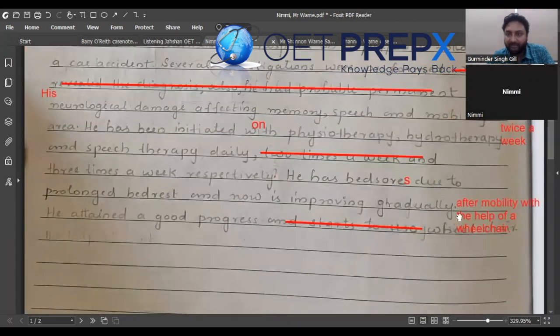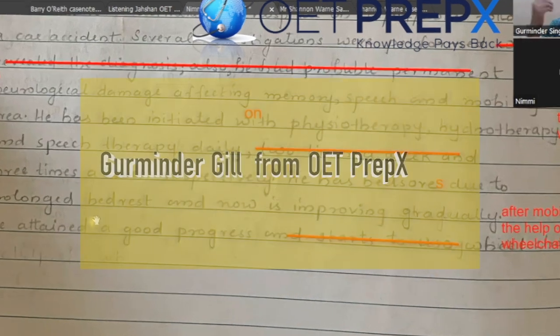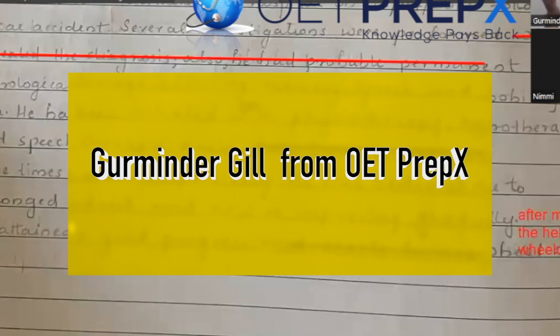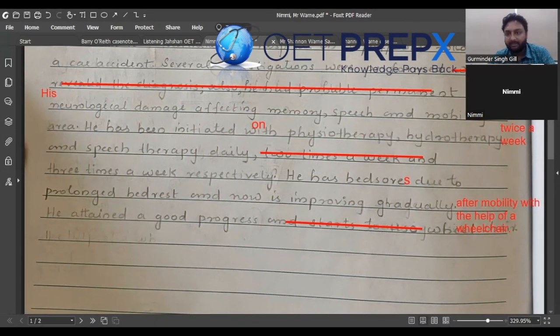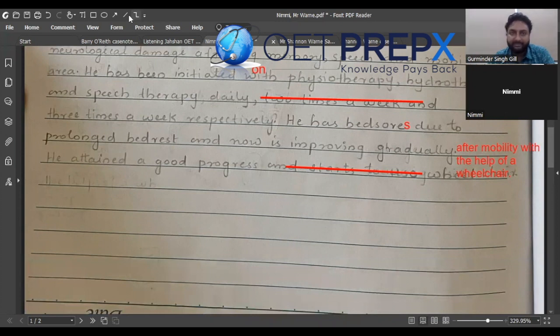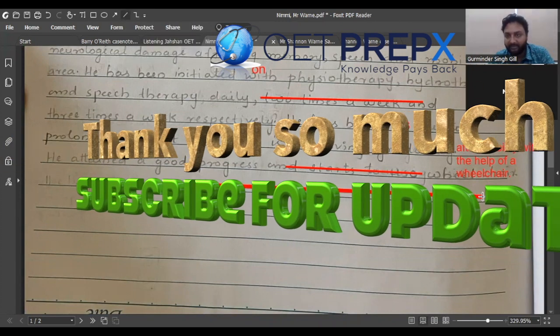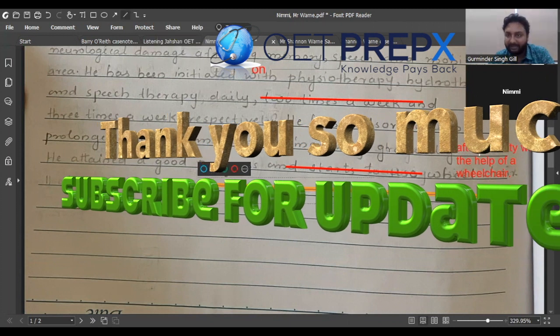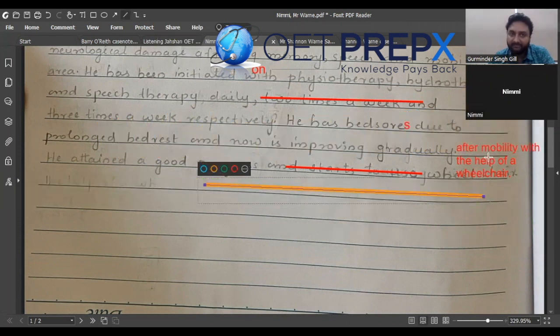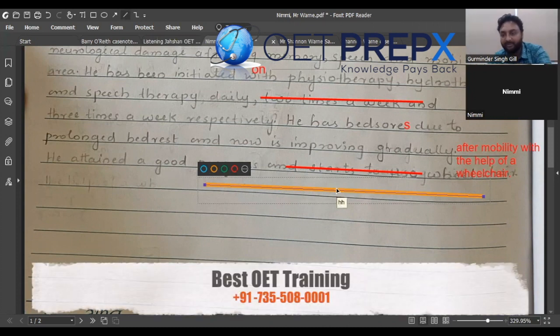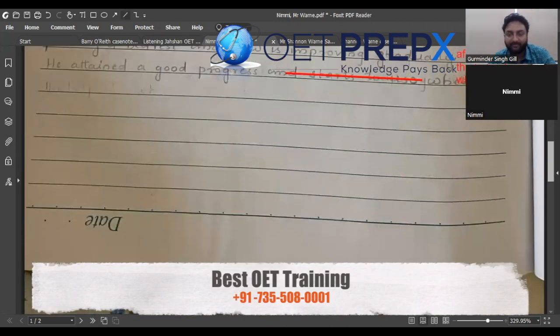Suppose you're writing about his mobility, and there is a special request that they need to take care of, maybe a wheelie walker or some other help related to his mobility or to improve his mobility. If we have special requests for that, then we can mention our requests at this point, right? After this information, in the same paragraph, you can mention the requests. Okay, right?